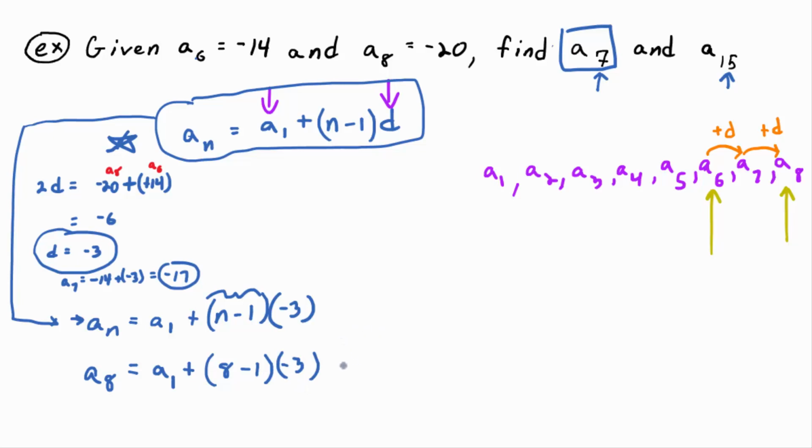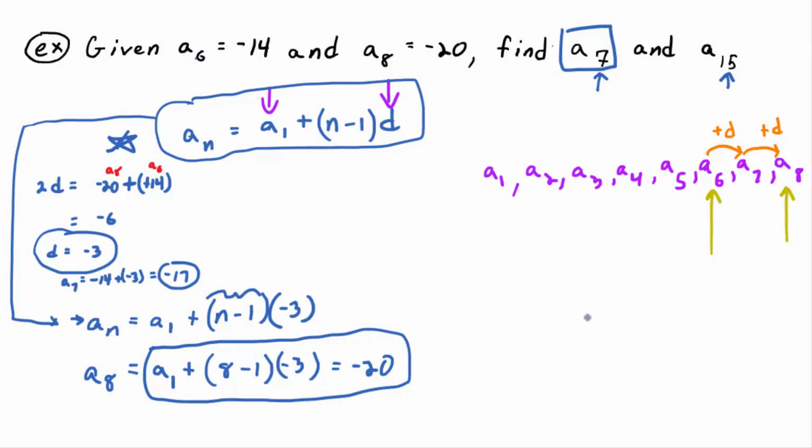I know that A8 is negative 20, and so I can set up this little equation to find A1. Does that seem reasonable to you? Well, no, that's very unreasonable. It takes practice for that line of thinking, right? But you're just using what you're given and filling in equations, essentially, and then solving.